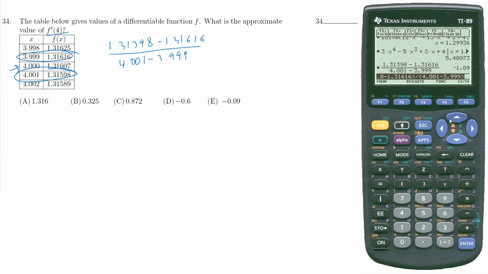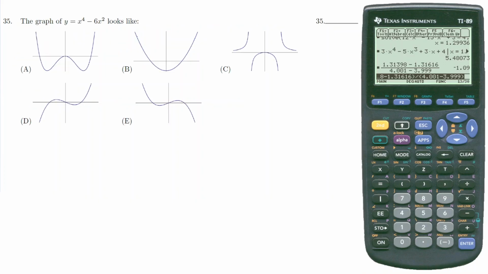Okay, where did I make a mistake? Maybe there's a mistake somewhere. Give me a second. 1.313. 1.31. See, it's 598 and 616. So it happens.